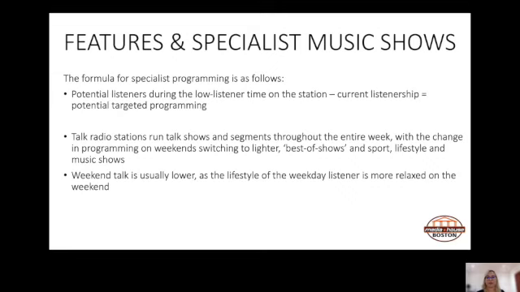Radio 702 was an AM music station in Gauteng until the late 1980s. At that time, Radio 5, now 5FM, was moved by the SABC from medium wave to FM in larger city centers. The station 702, however, could not compete with 5FM and struggled to stay popular.